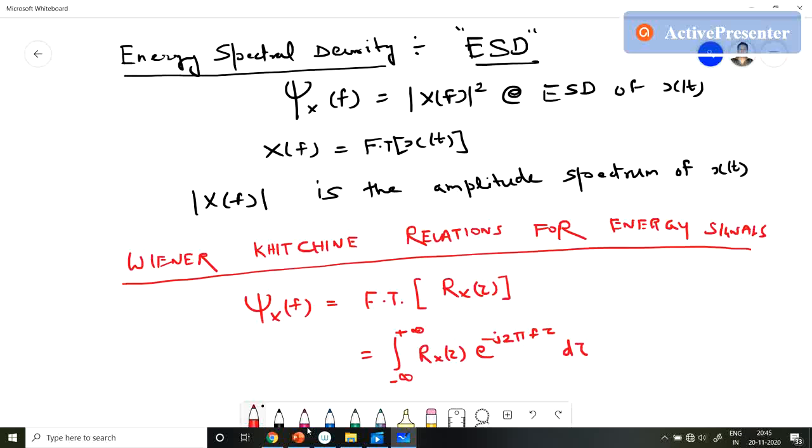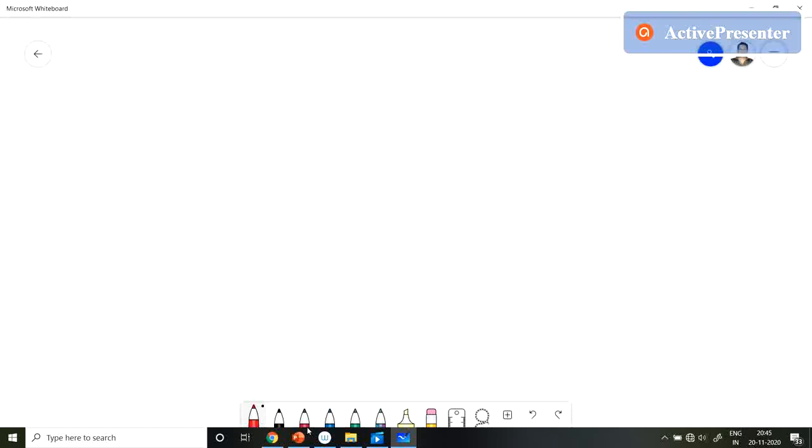And Rx(tau) is the inverse Fourier transform of psi x(f), so Rx(tau) is equal to the integral of psi x(f) exponential j 2 pi f tau df.